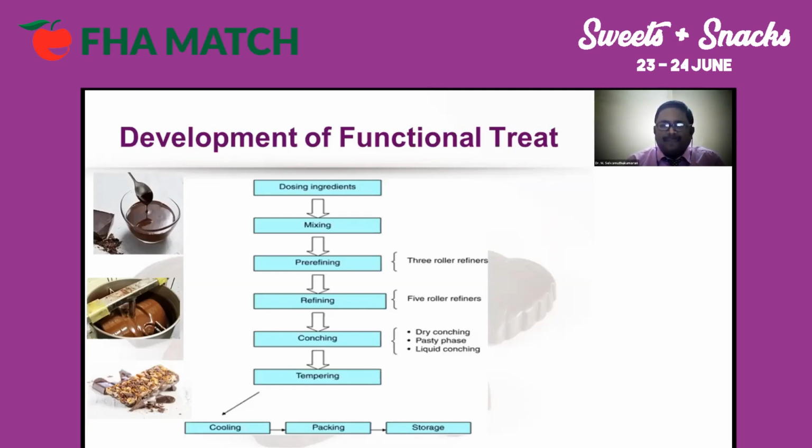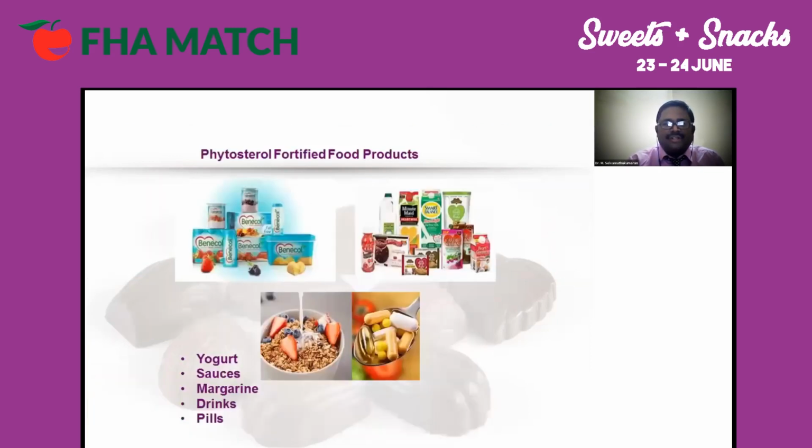We do refining and conching by passing through different sets of refiners for a long period of time, so that we get the fine chocolate mass, which I showed in the first figure. Then we allow it to rest, that is tempering, then cooling. We then cut or pack and store the chocolate. So this is how the phytosterol rich chocolate is manufactured.